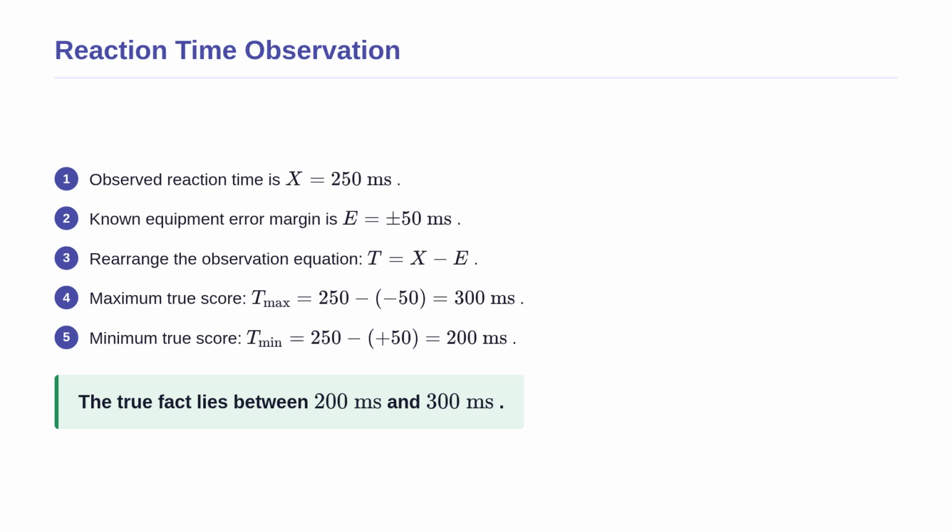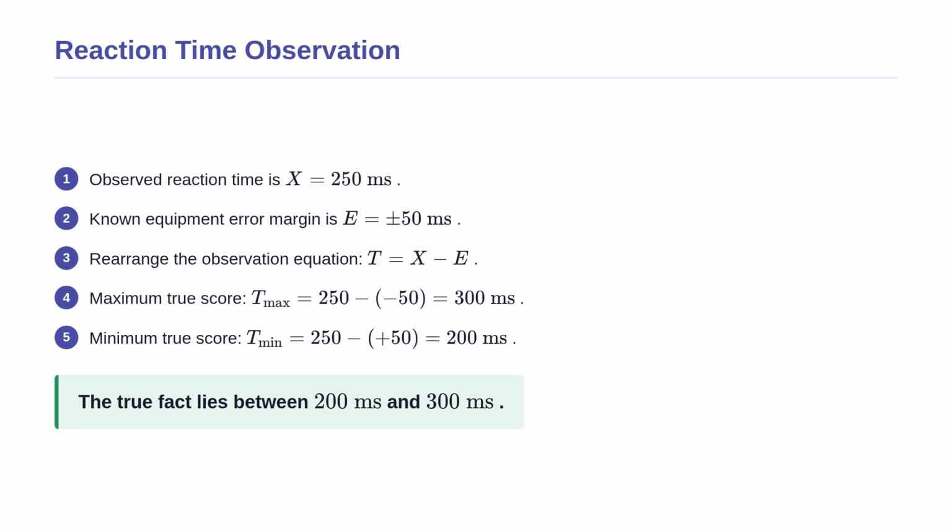Before we move on, let us see this with a concrete example. A psychologist observes a subject's reaction time as 250 milliseconds. This is our X. The computer has a known error margin of plus or minus 50 milliseconds. We are asked to find the range of the true factual reaction time. We choose the observation equation because it links our knowns to the unknown truth.